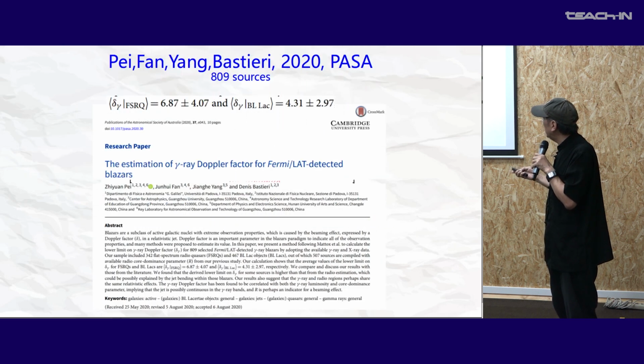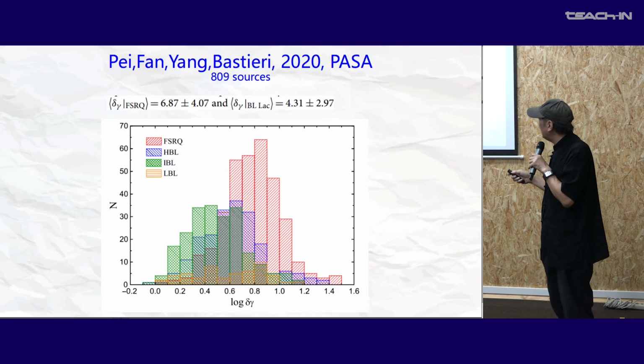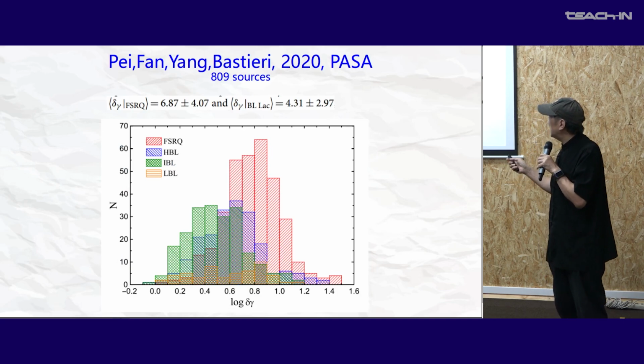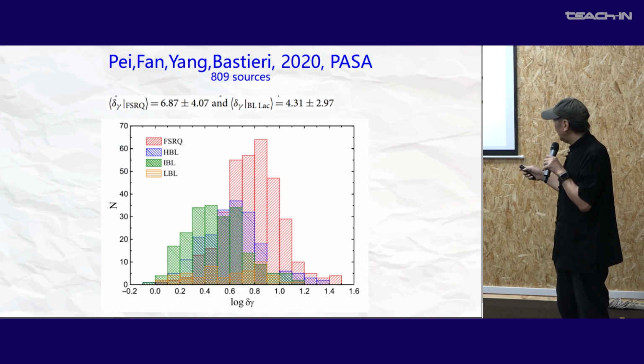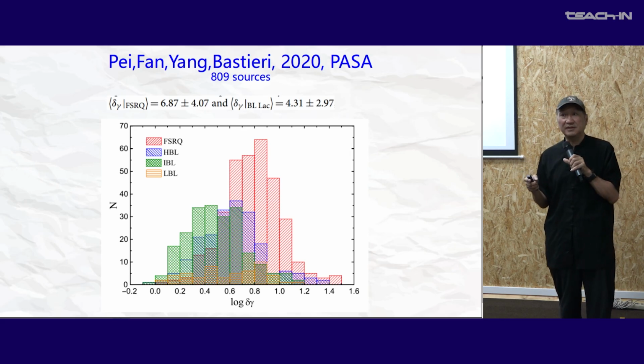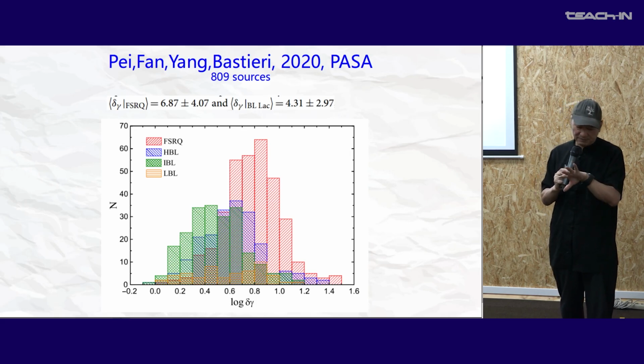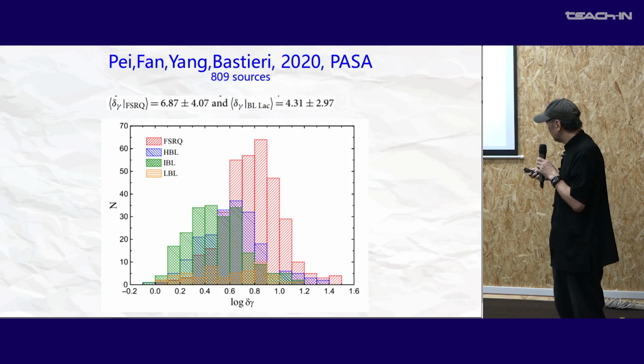We use this way to estimate the Doppler factor for a sample of blazars, and we finally found that the Doppler factor for FSRQs is greater than that for BL Lacs. So it means that FSRQs are much more strongly beamed than BL Lacs.